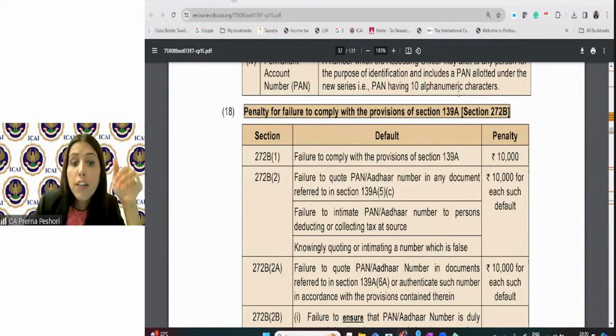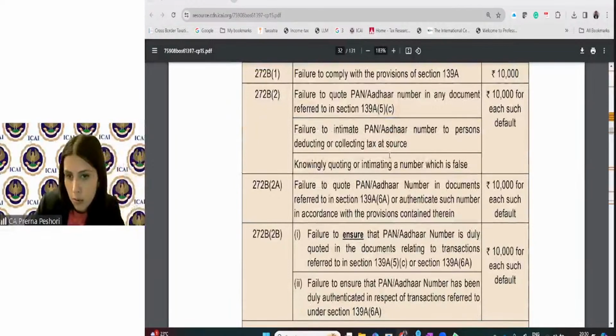Or if there is a failure to quote or authenticate that number, again there is a penalty of 10,000. Or if you quote a wrong PAN number, again the penalty is 10,000. And the person who is receiving the PAN number from you has to ensure that the PAN is correct. If he doesn't do that, then again there is a penalty of rupees 10,000 for such default. Are we clear?